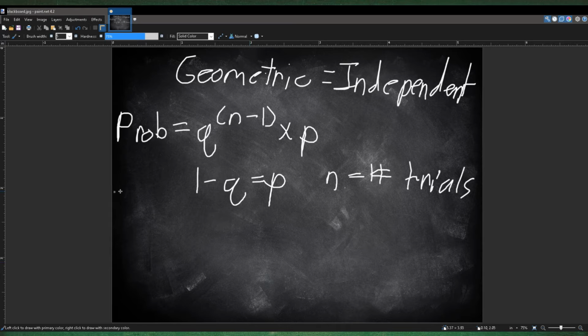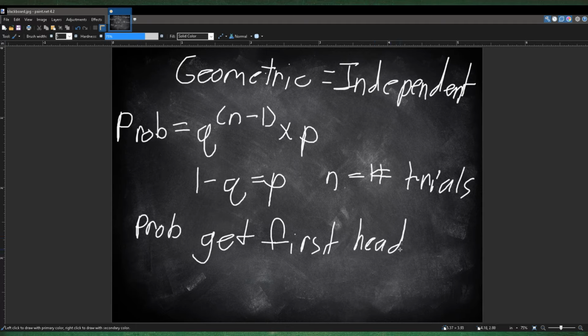So let's say we're using the coin example. What's the probability that you get your first heads on the third trial? Following this formula, p is the one you care about, because p is what you want.